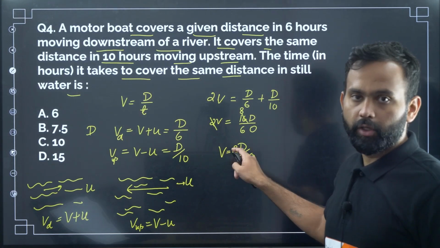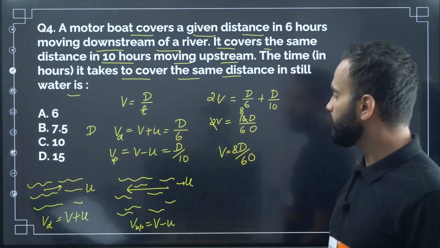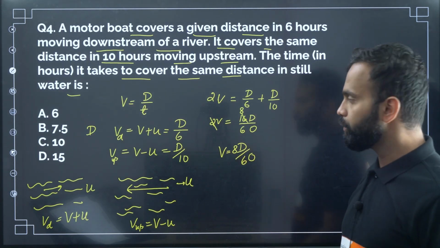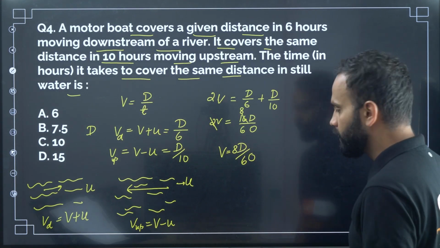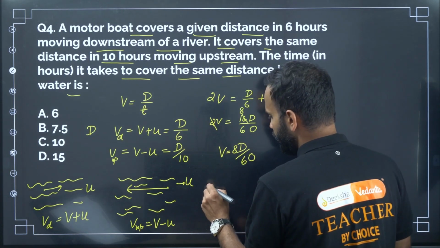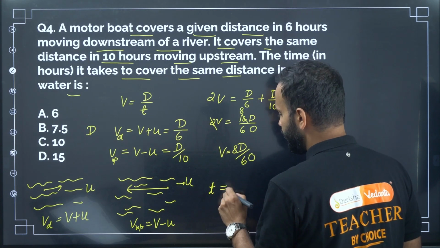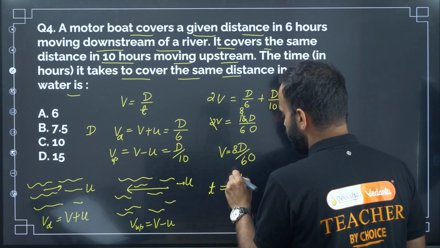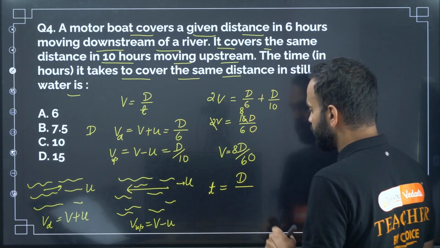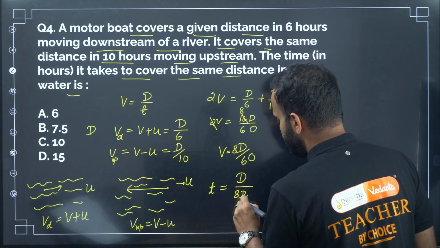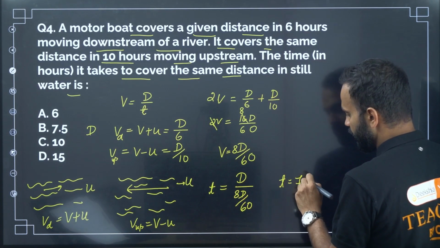V is the velocity of the motorboat in still water. We need to find the time taken by the motorboat to cover the same distance in still water. T equals displacement divided by velocity, and the velocity is 8D divided by 60. So finally, T is equal to 7.5 hours.